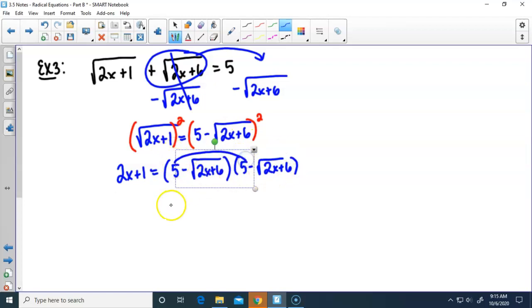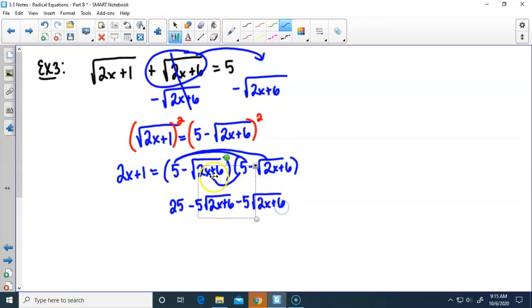So 5 times 5 is 25. We'll have minus 5 square root of 2x plus 6. And then the middle terms will also get the minus 5 square root of 2x plus 6. And then the last terms will get plus 2x plus 6, because that negative times negative will give us a positive there.